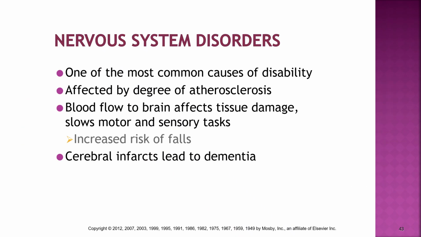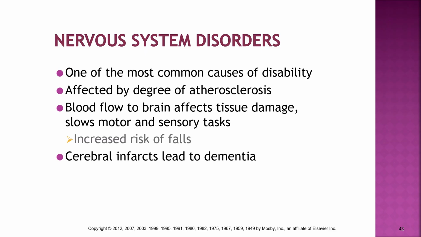All right, nervous system disorders. Common causes of disability. So arteriosclerosis pays double. Not only is it a risk for heart attack and stroke, but it affects the overall blood supply to the brain and to the spinal cord and the rest of the nervous system. And so it seems to affect the nervous system more than other systems.